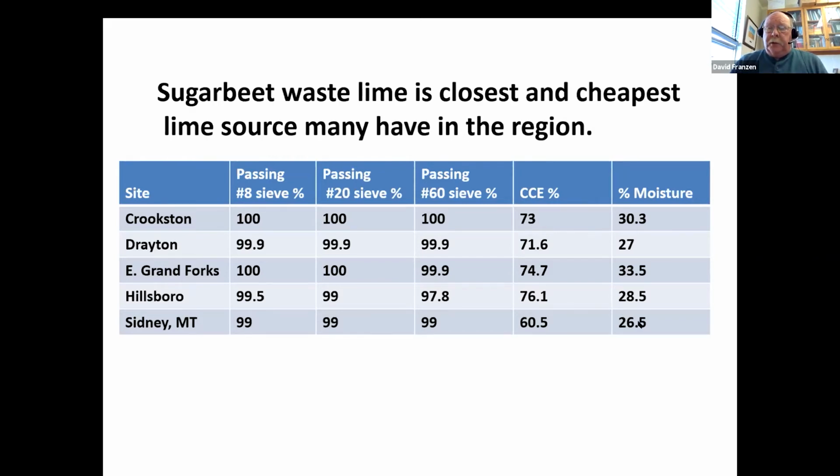It's the moisture content within them that is going to make the CCE lower. So if your rate of limestone coming out of Sidney is recommending 2 ton of lime, it means 2 ton of 100% CCE lime. So it's really going to be 3.25 ton of Sidney, Montana lime in order to satisfy that recommendation.